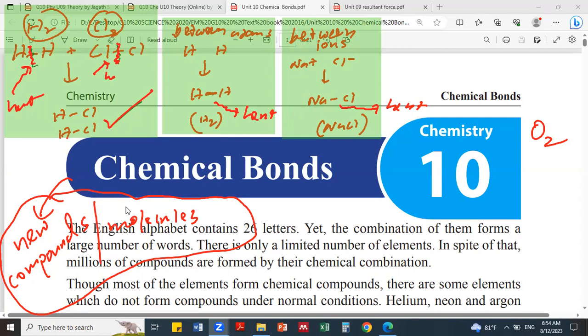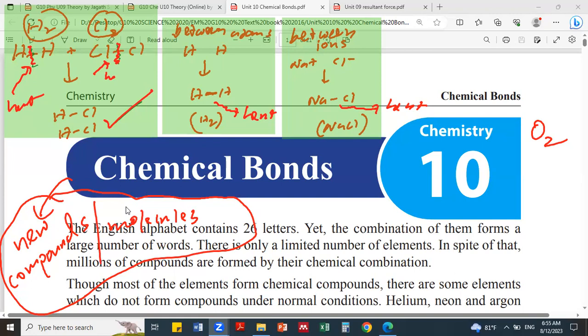So when chemical bonds are formed, you get new compounds and new molecules, and they become more stable. If they are unstable, they are not going to form. In a chemical reaction, unstable compounds are not likely to form. Only if they are energetically more stable is it going to happen.